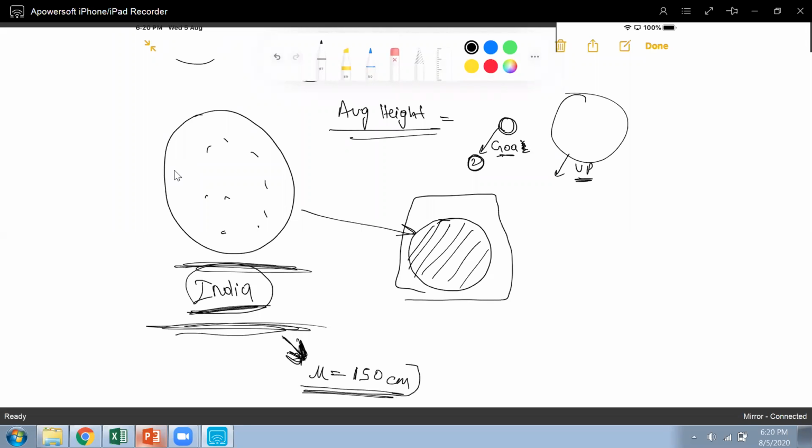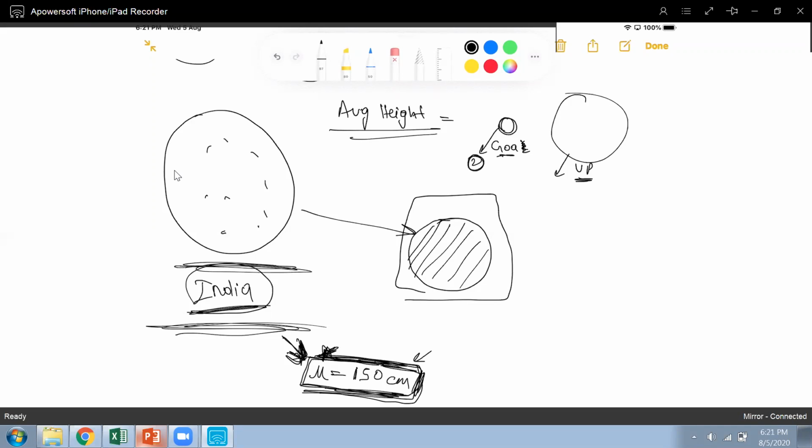This is the average height of people in India. This is the thing that I assume to be true, because in reality I haven't found the height of all the people. What I have done is I have taken a sample and then found the heights. So this is the commonly accepted value that I think is true.